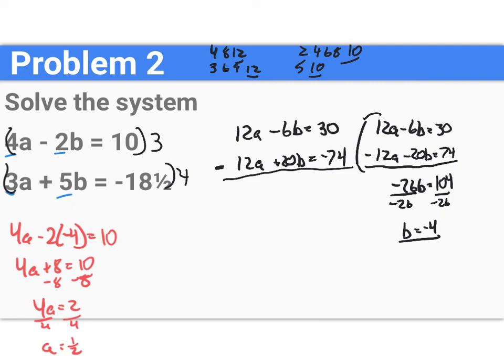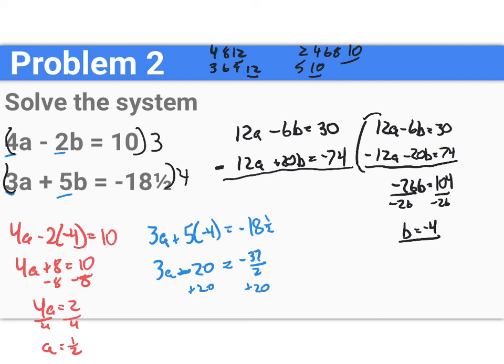Okay. Substituting into the second equation. 3A plus 5 times negative 4 equals negative 18 and 1/2. So 3A minus 20 equals negative 37 over 2. Add 20 to both sides.